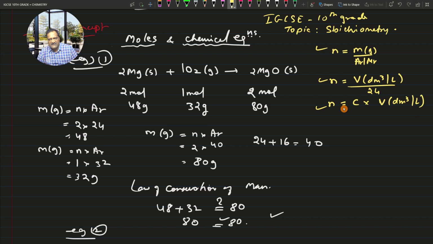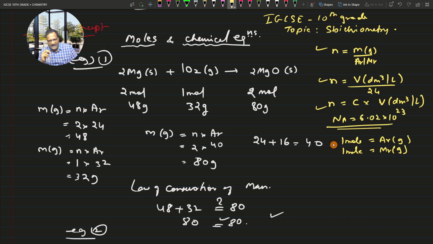And of course, we know Avogadro's number, 6.02 into 10 raised to 23. This is the number of particles present in 1 mole of a substance. One more thing we should recollect and understand is that 1 mole of any substance, if it is an element, will be its Ar expressed in grams, or 1 mole of any molecule will be its Mr expressed in grams.